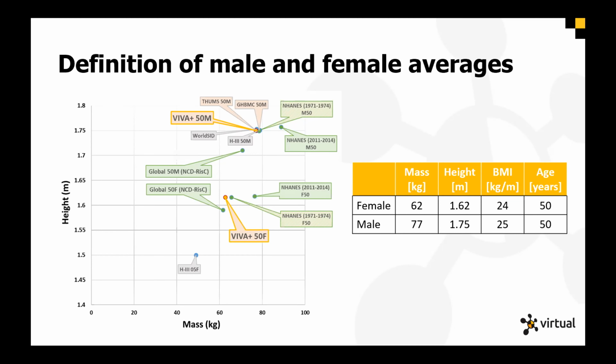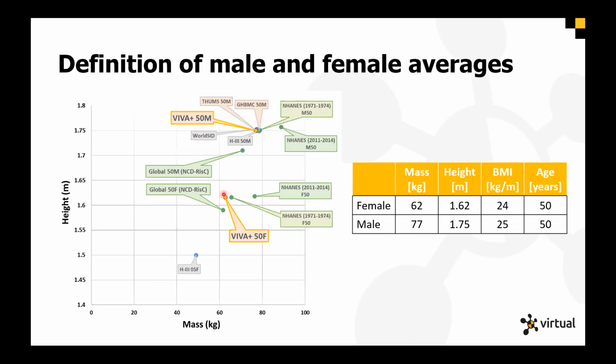We can, for example, here, let's put on the laser pointer. We can, for example, see here that we have the world population, which is here for the male, this dot, and for the female down here, compared to what we're using here and here. So you can see that the world population is a bit smaller on average than what we are creating.